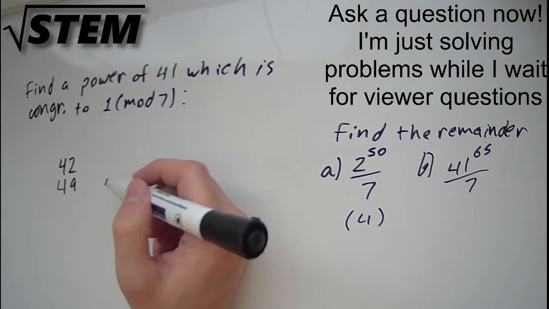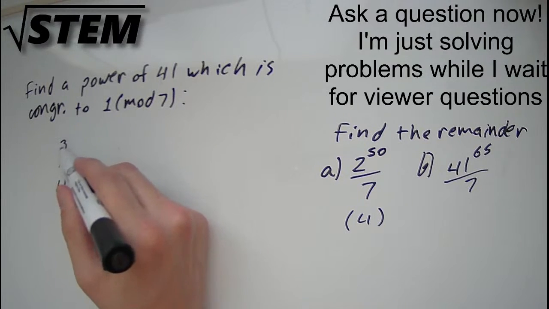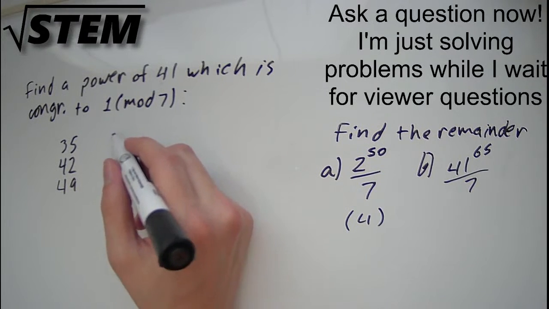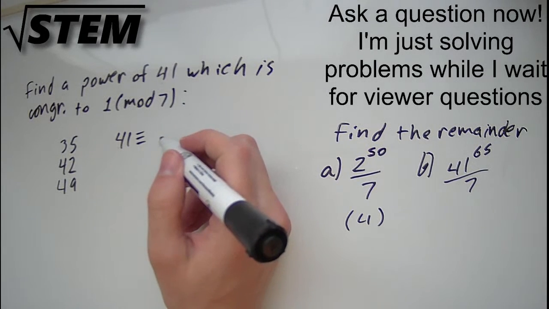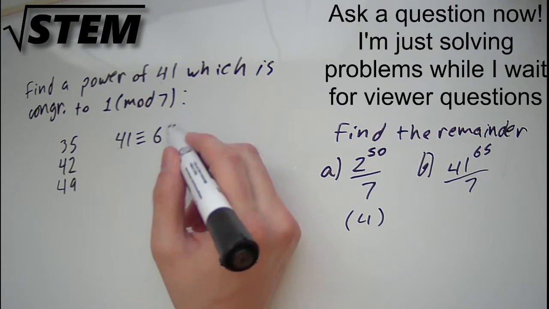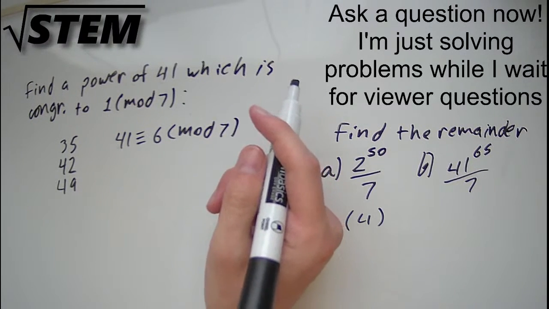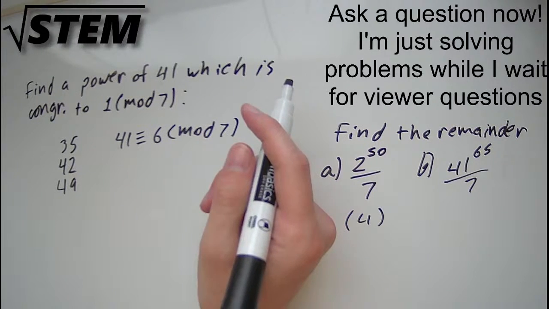Oh. And 7 times 5 is 35. So 41 itself is congruent to 6 modulo 7, right? Yeah.